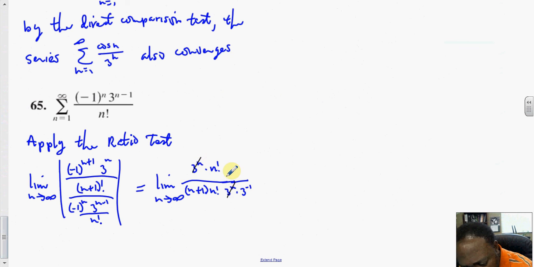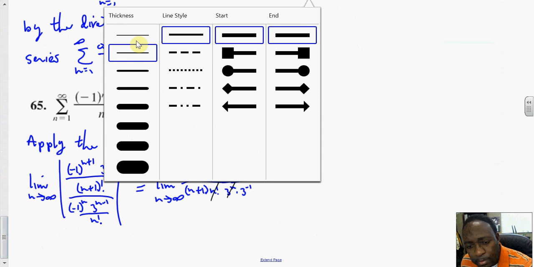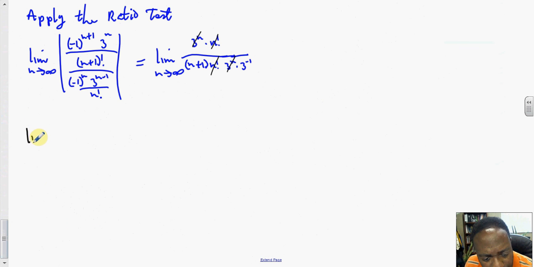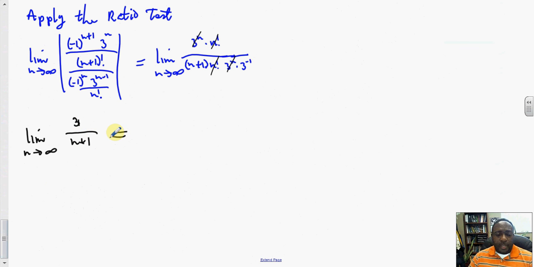So the 3 to the n's cancel, the n factorials cancel. So that leaves us with the limit as n goes to infinity of, well, it really becomes a 3 upstairs. This is 3 to the -1, so 3 all over n plus 1.